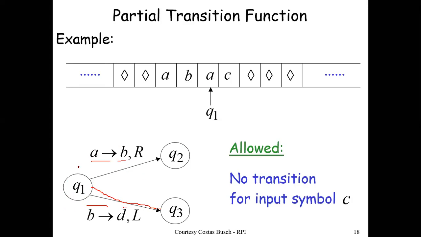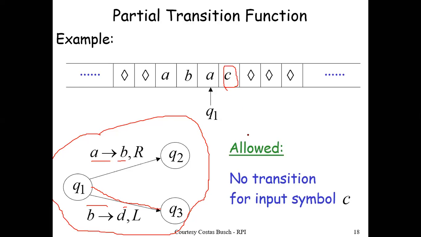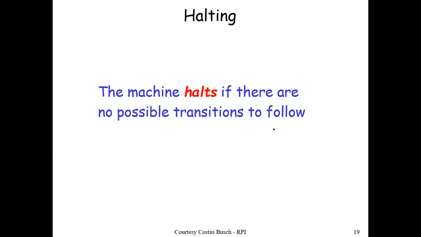Assume that if this is the only machine and your tape contains symbol C, it means there is no transition for symbol C. This machine shows that if it is your complete machine, then you don't have any transition for C. So you will get stuck there and this will hang. And this hanging is called halting. Your machine will halt if there is no possible transition to follow.